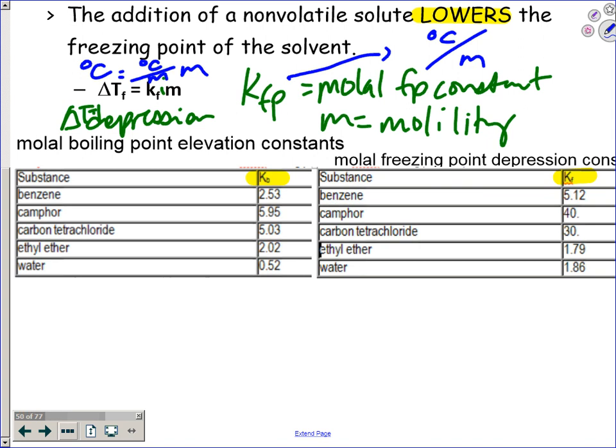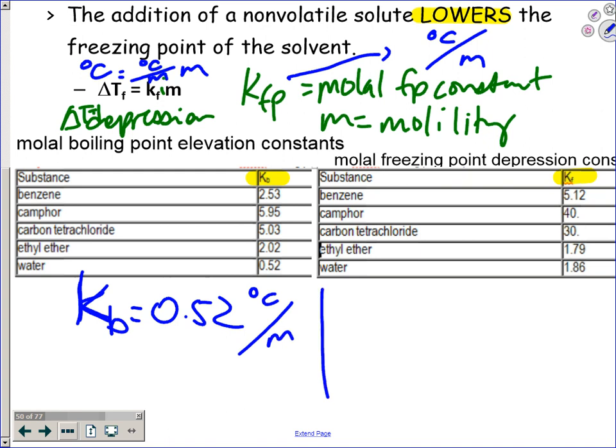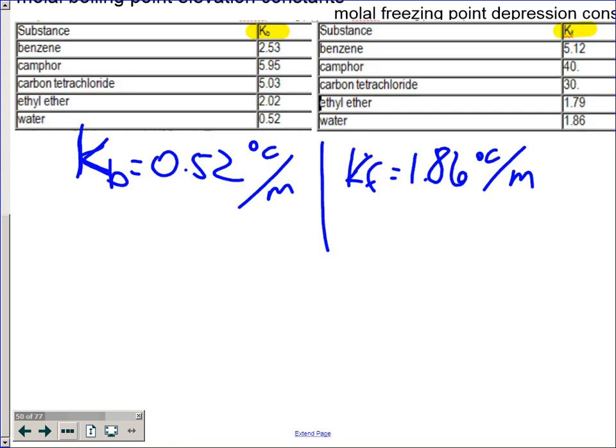The Kb for water, this is a lowercase k, doesn't always look like it, but it's lowercase, 0.52 degrees C per molal, and this is for water. And then Kf for water is 1.86 degrees C per molal. Those are the two most commonly used constants because a lot of times we deal with aqueous solutions.